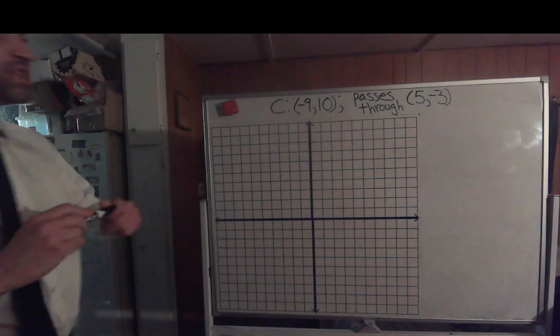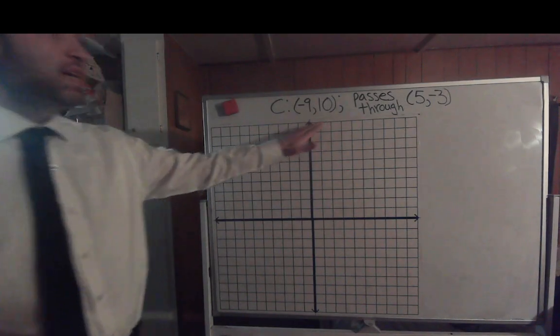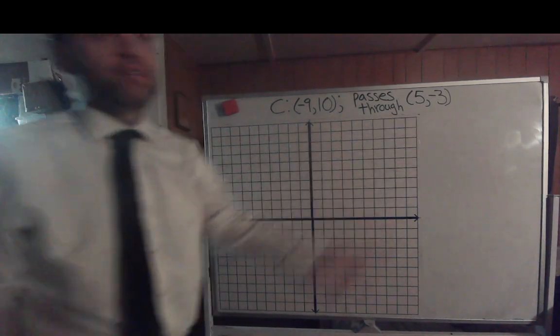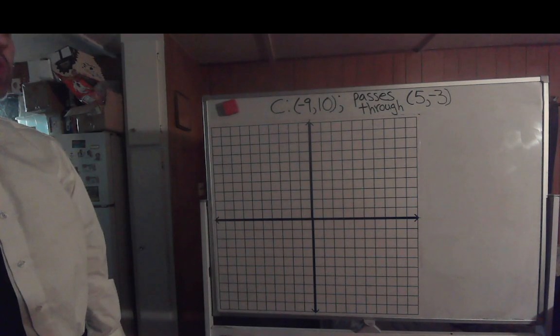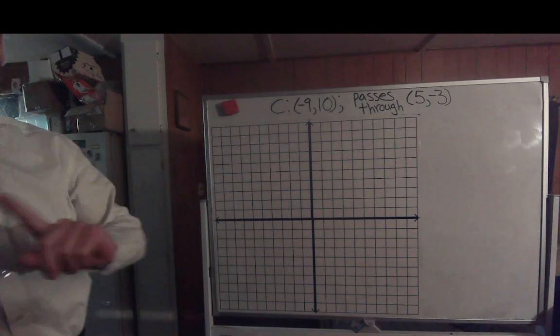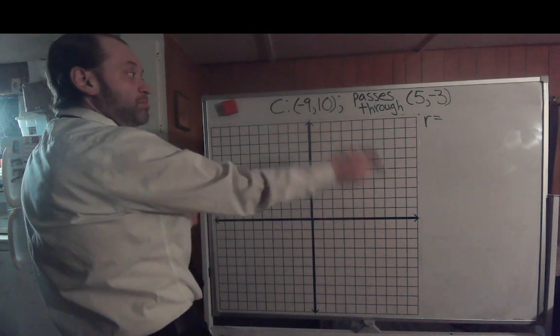We know the center, but we don't know the radius. Still the same philosophy here. Let's find the radius by taking the distance between the point it passes through and the center.